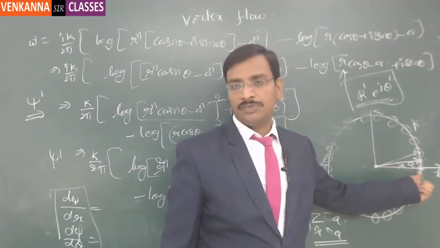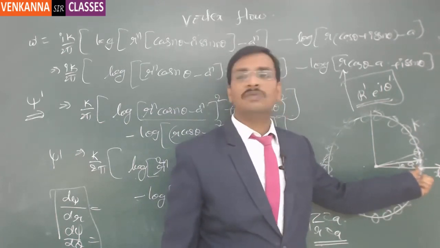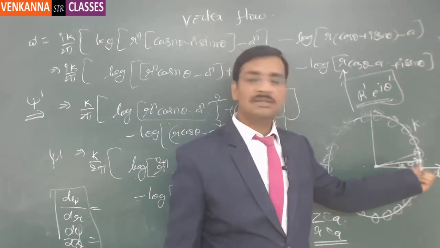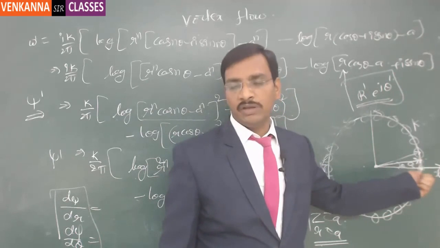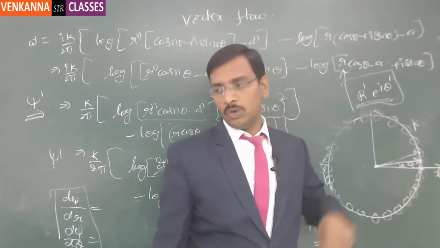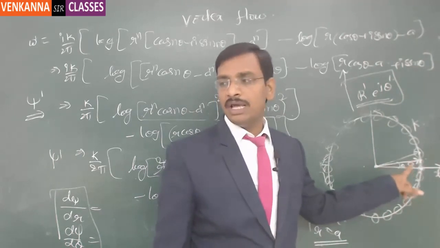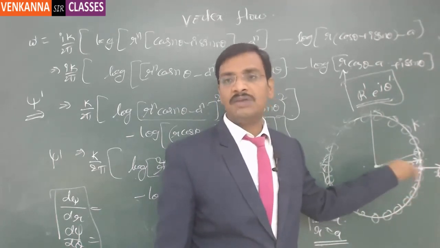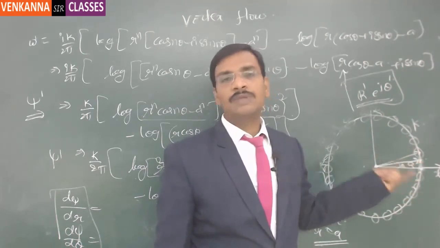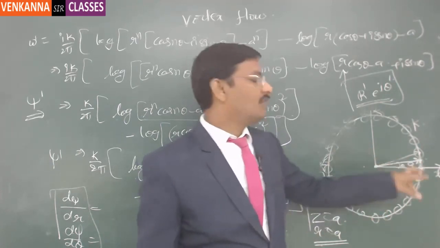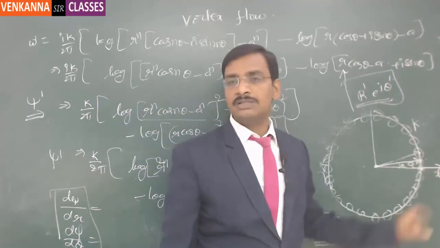Initially, when I discussed the problem statement, I explained one fact: these vertices are moving, but how they are moving, we don't know. To know that, we take the stream function derivative with respect to r and with respect to theta. If there is any finite value, then there is a movement in that particular direction because there is a change.